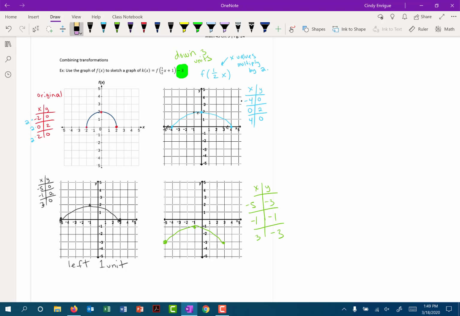So you can kind of see how all of these problems get kind of messed with. And this was the down 3 units.